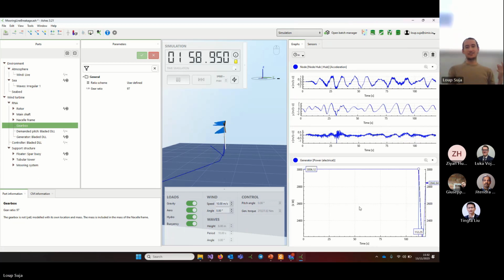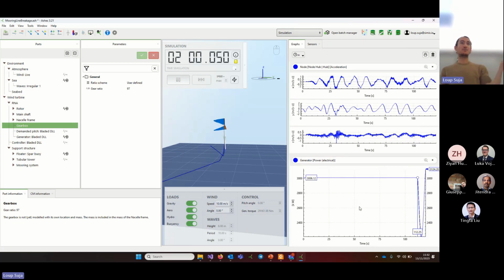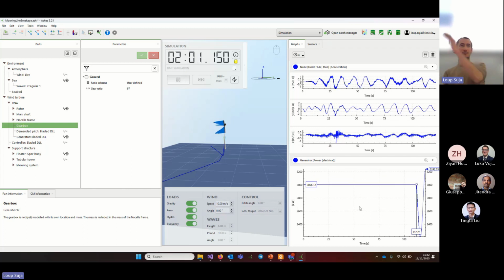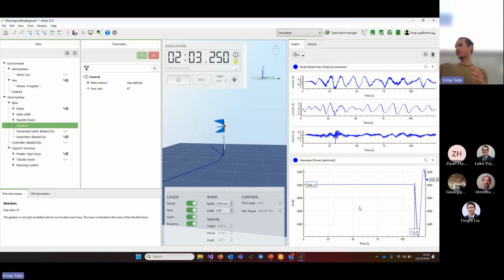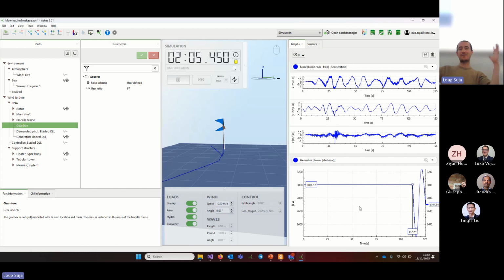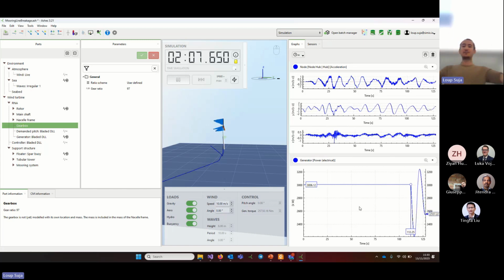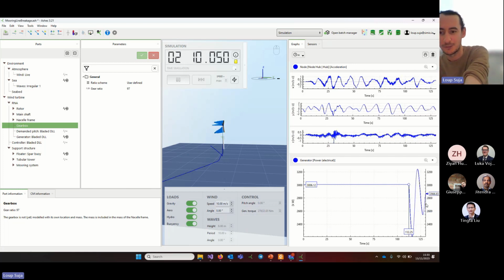So an offshore wind turbine, like a floating wind turbine, moves a lot, and if it moves out of the wind or into the wind, you get more or less power, right? Because if the wind is coming from here and I'm moving this way, then effectively the wind turbine is seeing more wind because it's going into the wind. And when it goes like this, it's seeing less wind. So that's why you see lots of fluctuations.